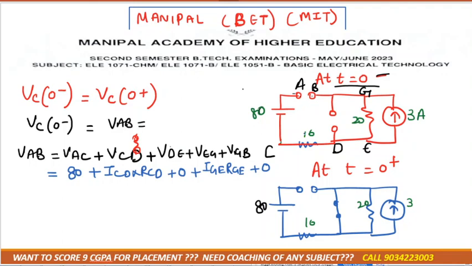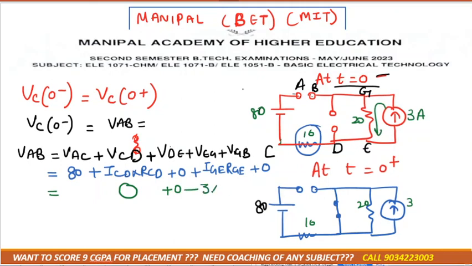So now how many meshes are there? Is there any current flowing through 16 ohm? Yes or no? As you can see that it is an open circuit, correct? So in the open circuit there is no current flowing, so that would be 0. This is 0. Ig is how much? As you can see, 3 ampere current is flowing, but in the opposite direction.